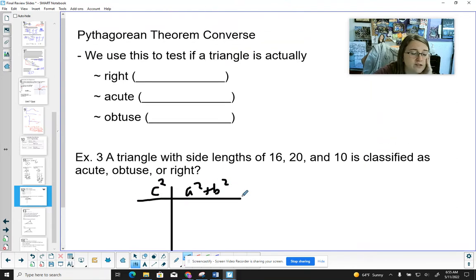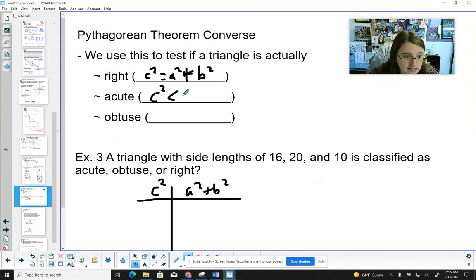And the reason why we do that is when I look at it like this, if c squared equals a squared plus b squared, we know that's a right triangle because Pythagorean theorem, where it's equal, only works for a right triangle. But if they're not equal, specifically if c squared is less than a squared plus b squared, we know it's acute. So we think less than, we think acute. That's why we write it this way.